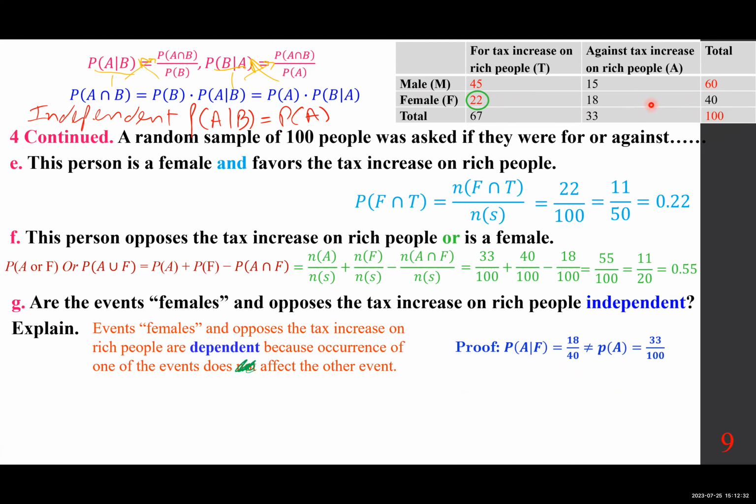And out of those 40, how many are A's? That means against, 18 over 40. So that's the conditional probability. What is probability of A? Well, that's 33 over 100. Are they identical? If they are identical, the two are independent. Otherwise, they are dependent.